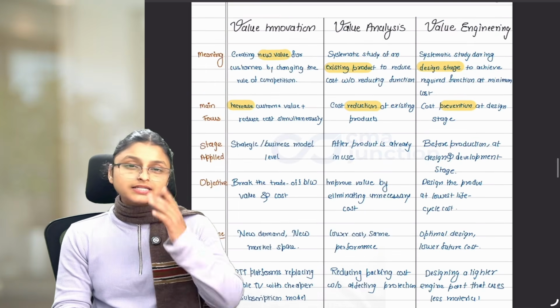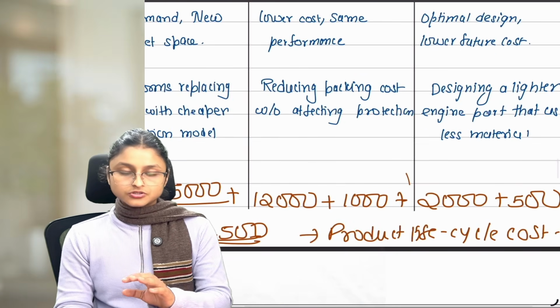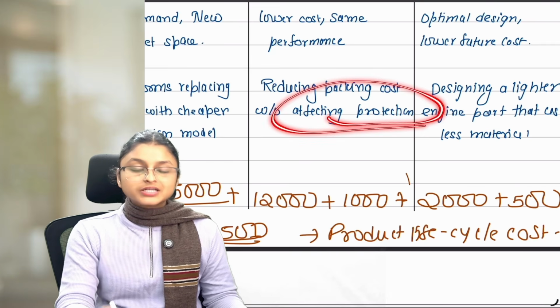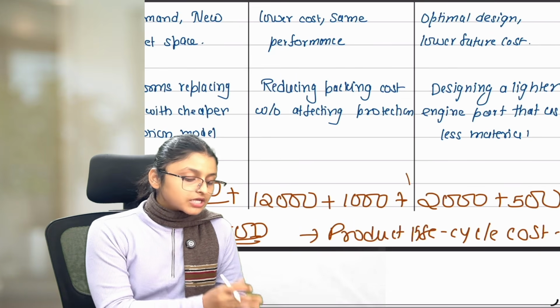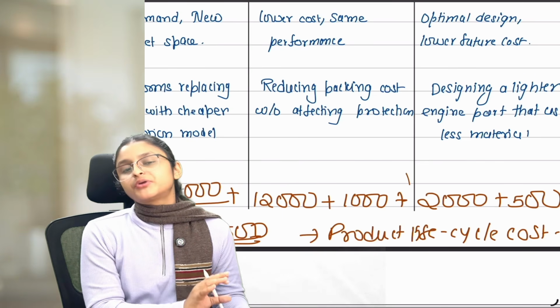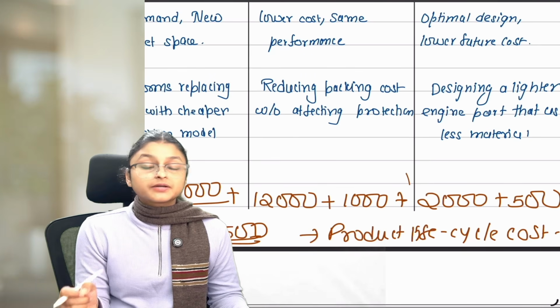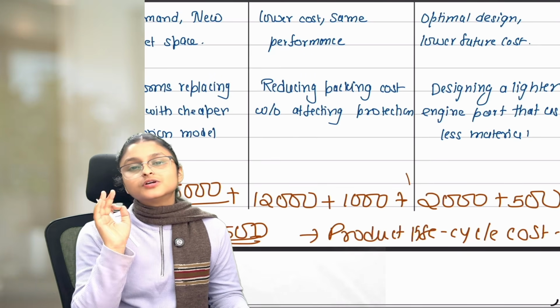Next, in value analysis, we are trying to reduce cost. So let's take an example of packing cost. So I am reducing the packing cost without affecting the protection. That means earlier, the packaging which I was using, that packaging was providing a specific kind of protection. I am able to achieve the same kind of protection right now, but with a packaging which is of lower cost.